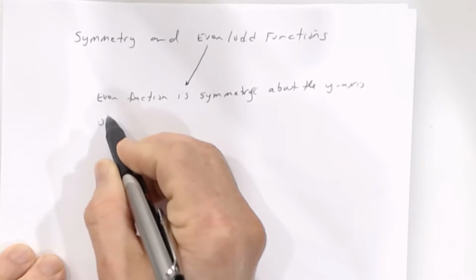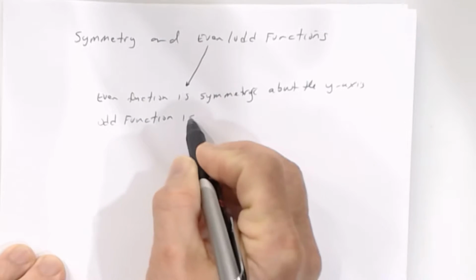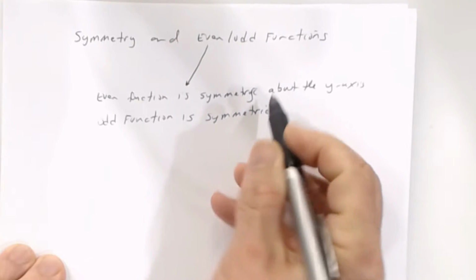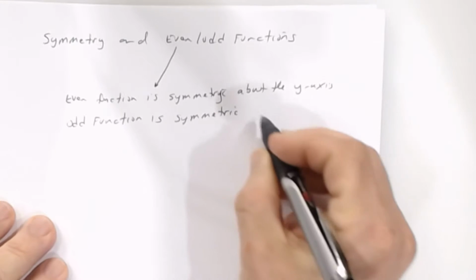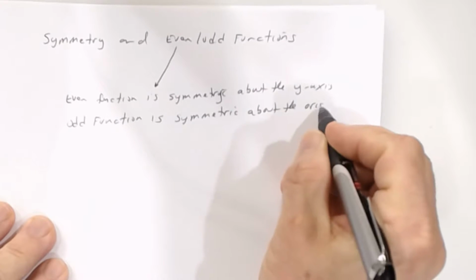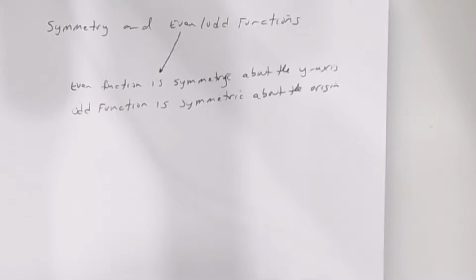An odd function is symmetric about the origin. And sometimes directions say determine if the function is even, odd, or neither.